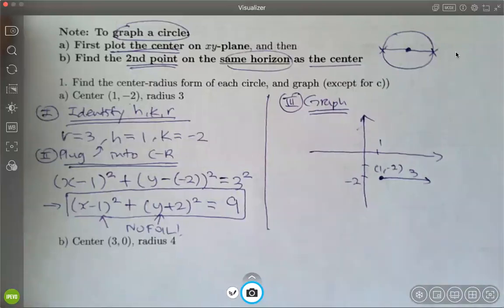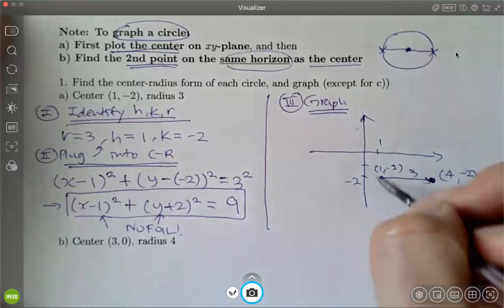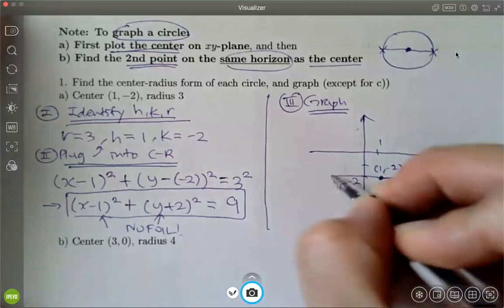So let's say you go to the right, okay? From 1, negative 2, you go right by 3 units. Where are you? Which is this point. What's the coordinate of this point? 4, negative 2, right? Okay, because we add 3 to 1 only. Okay, negative 2 doesn't change. Now, can you go to the left like this by 3 units?